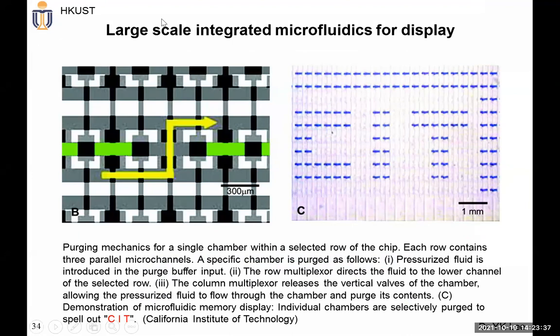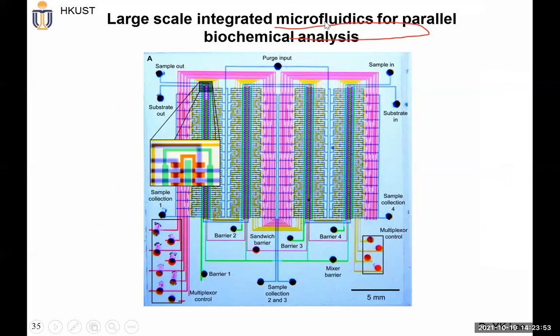You see now, this device is not biomedical. It's really interesting to let people understand that you can apply this for a display. Of course, it can also be used for large-scale microfluidic parallel processing, which is very complicated.